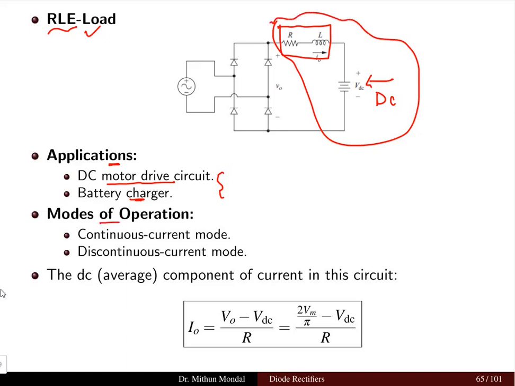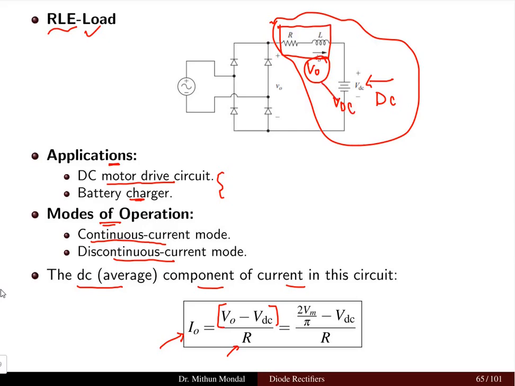The mode of operation for this type of network can be in the form of a continuous current mode or a discontinuous current mode. The DC average component of the current flowing in the circuit, on applying Ohm's law, is (V0 minus VDC) by R, where V0 is the voltage across the load and VDC is the voltage of the DC source.